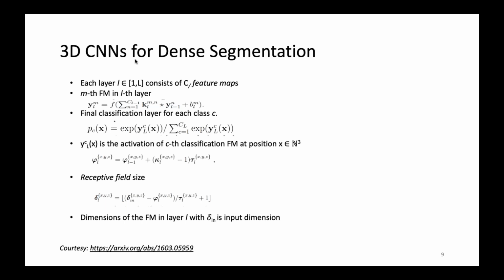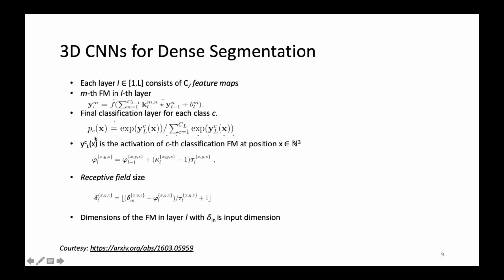Now this classification layer will have the final C classes. Suppose there are multiple types of lesions, then it will create C classes. For a simple image it may be two classes, but for complex images it may be three classes or more.